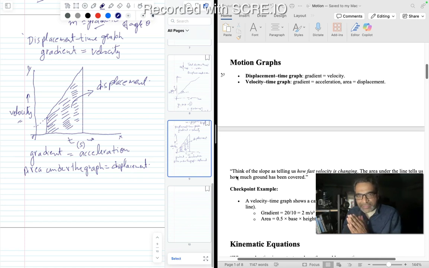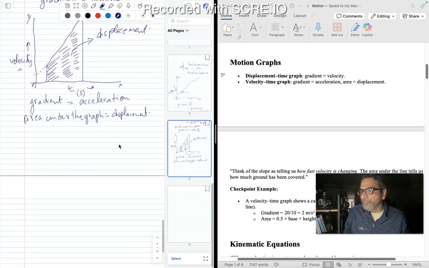So if we are saying how fast or how slow it is getting, or reducing the speed or velocity, we should say the object is either accelerating or decelerating, right? The area under the line tells us how much ground has been covered. That's the displacement. The area is showing us how much ground it has covered. Okay.